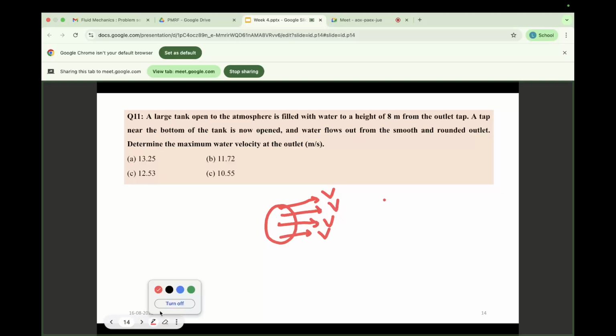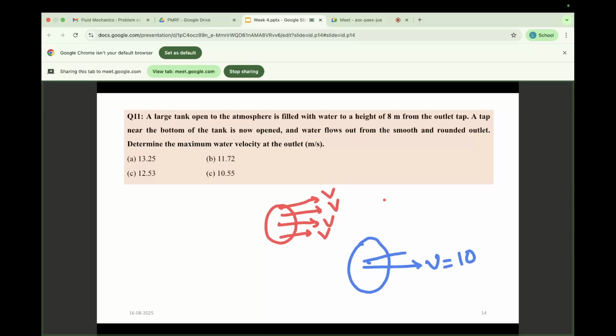But if there is friction, and friction opposes the flow, then if the velocity here is 10, near this it is say 9, if you move further it is 8, then 7, then 6, and accordingly at the wall junction maybe it is 0 or near 0. That is what happens if the outlet is not smooth and round.